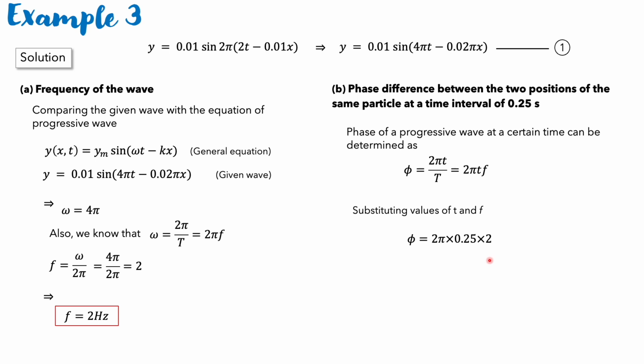Now do the calculations and we get phi, or the phase difference, is equal to pi radians.